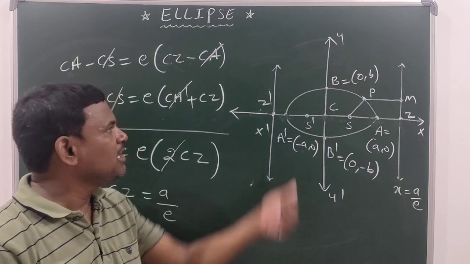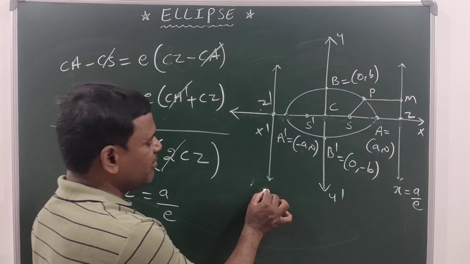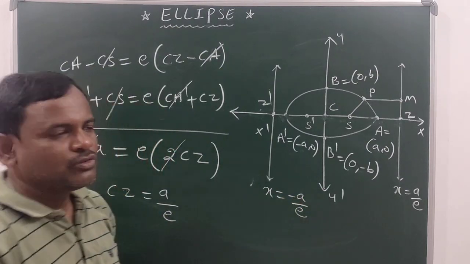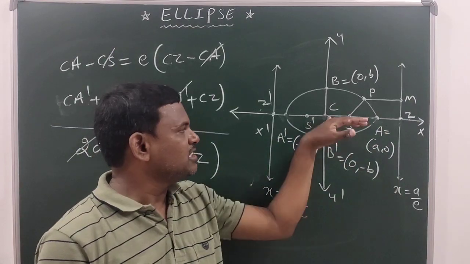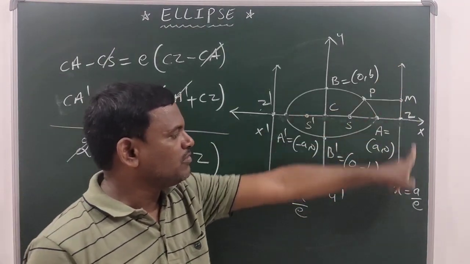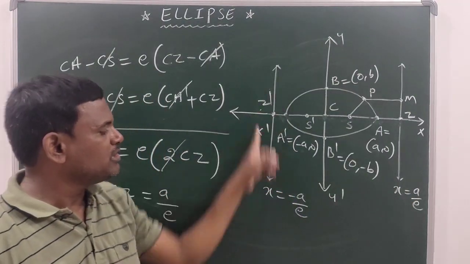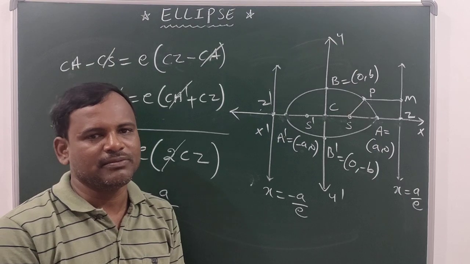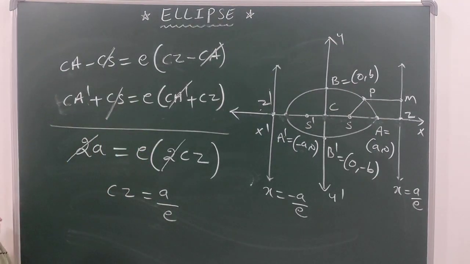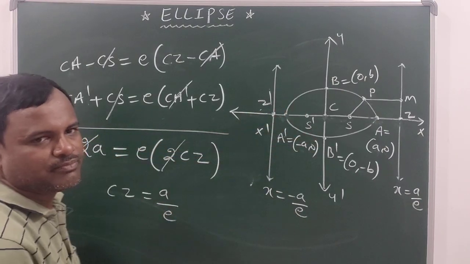Similarly, this is one more directrix, whose equation will be x equal to minus A by E. So both are equidistant from the center of the ellipse. One directrix equation is x equal to A by E, and the other is x equal to minus A by E. Next, on adding these two, you got a directrix equation.